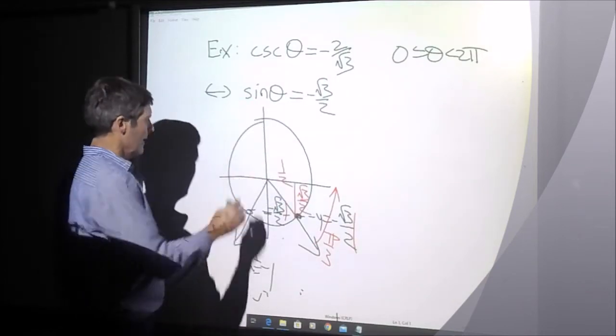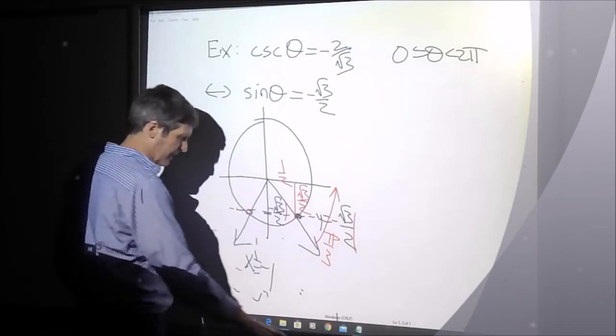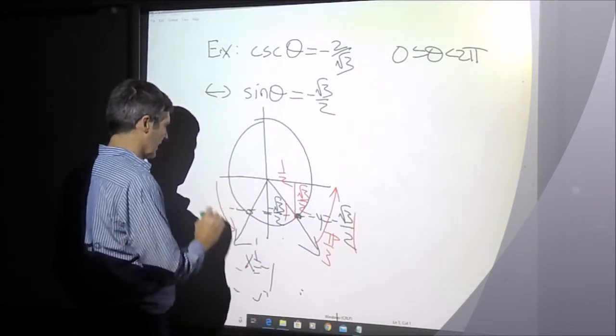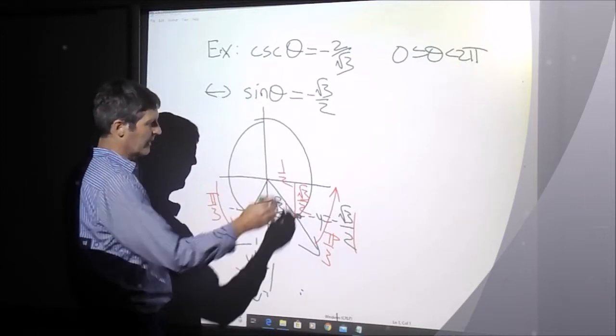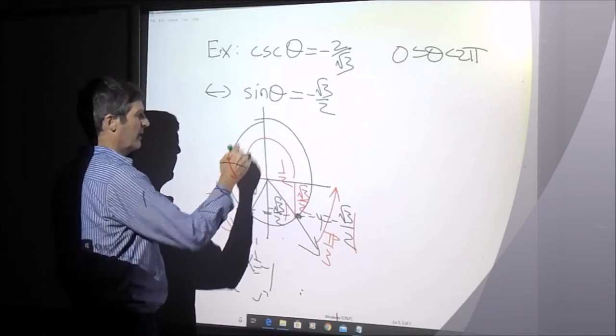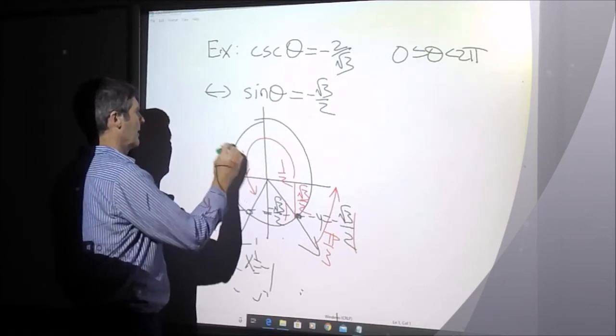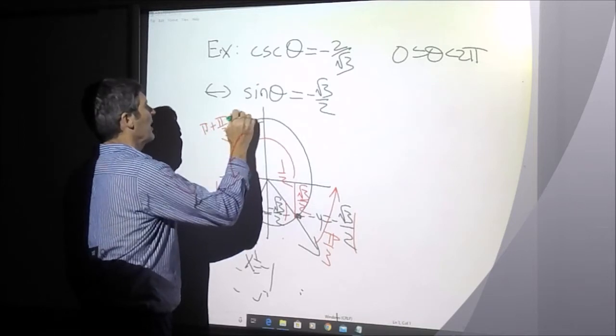Here we go. If this is pi over 3, then by symmetry, this also has to be pi over 3. So we get one, the other one's isometric. That makes this angle pi plus pi over 3. Must be 4 pi over 3.